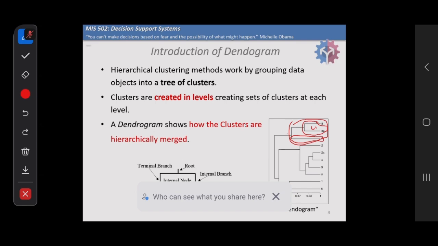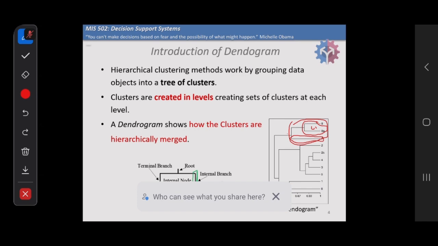Once you join two leaves together, we call this a node. The joining point, we call a node, and we call it an internal node because it's like the inside of the tree. This long line, we call a branch, an internal branch.